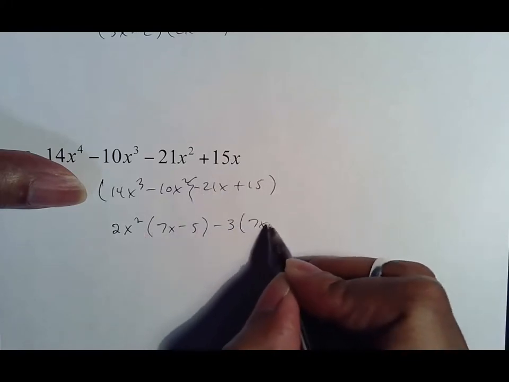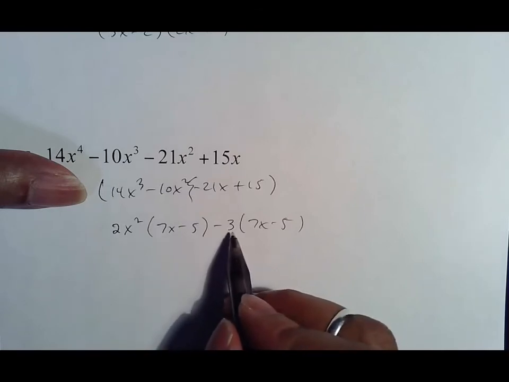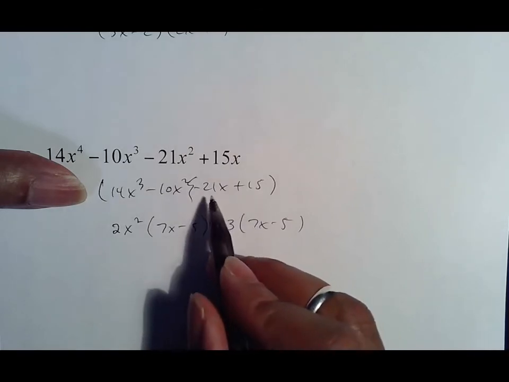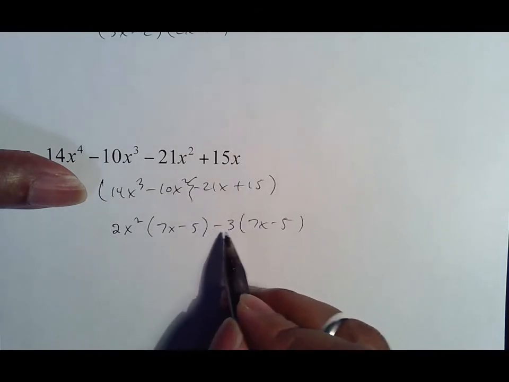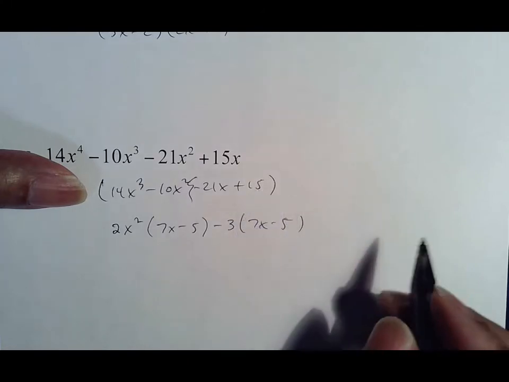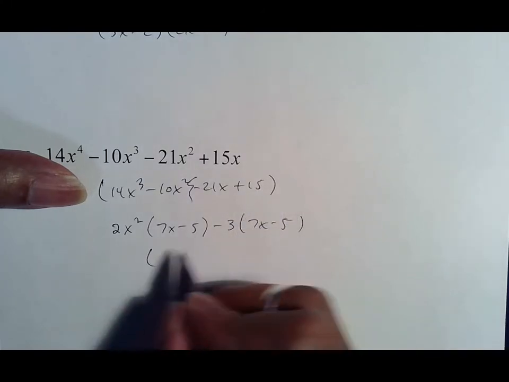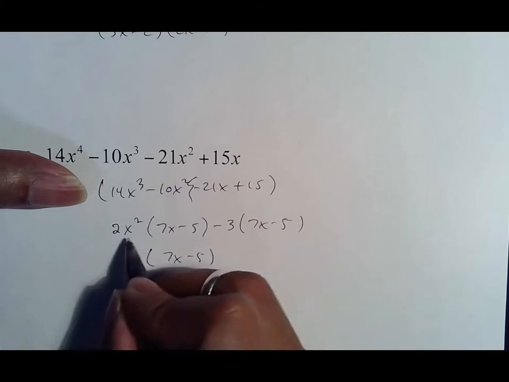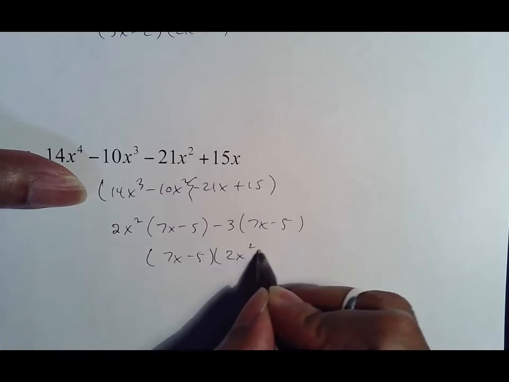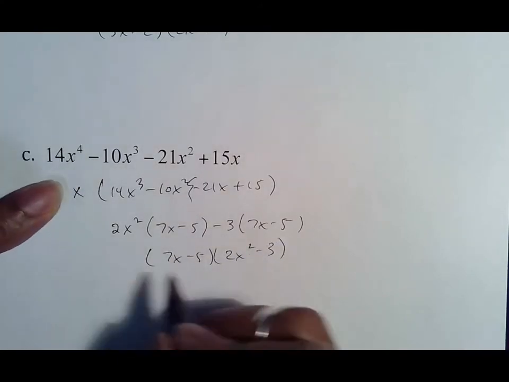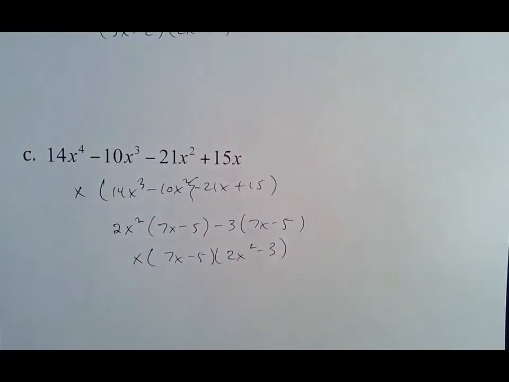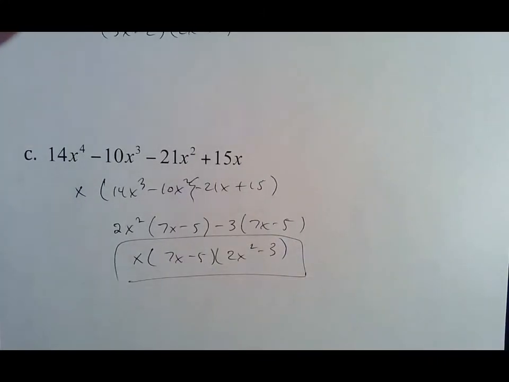And again, copy what's in front because it's going to be the same. Quick check. Negative 3 times 7 is negative 21. Negative 3 times negative 5 is positive 15, so we did it right. So we take off our 7x minus 5. We leave our 2x squared minus 3, and we do not forget that we ignored an x. That has to come down to our answer to finish this off.